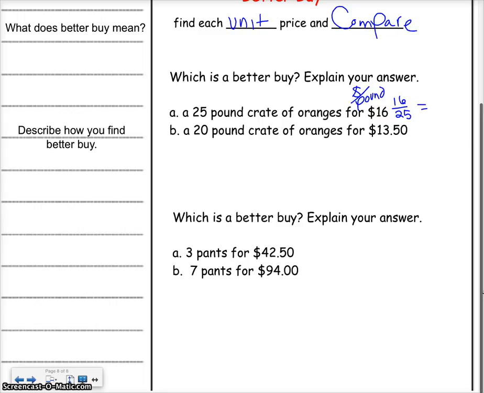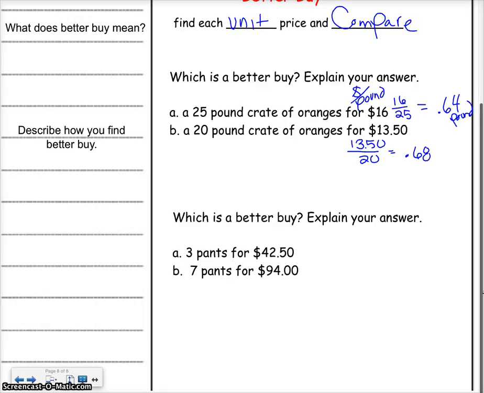Which is 64 cents per pound. 64 cents a pound. And then a 20-pound crate for $13.50. Well, it would be $13.50 over 20, because dollar over pound. That's 68 cents.